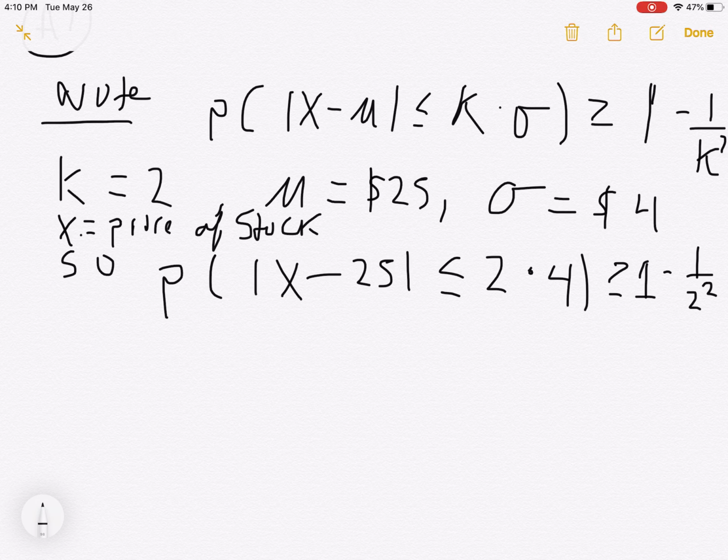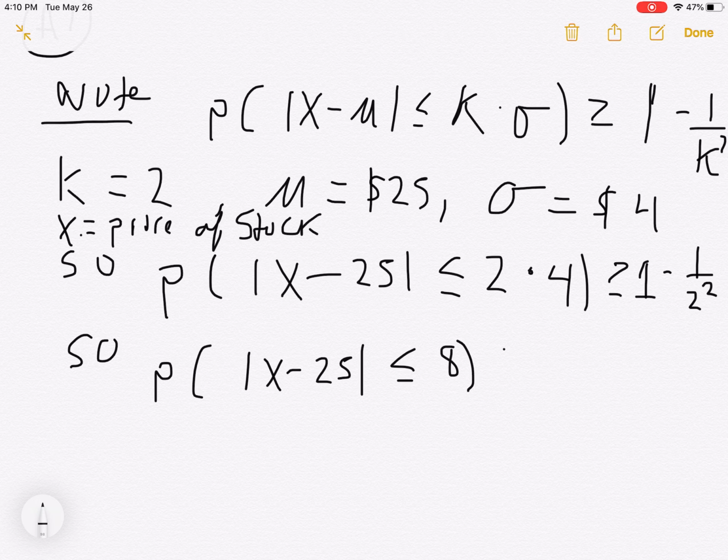Okay. Well, that says the probability |x minus 25| is less than or equal to 2 times 4, which is 8, is at least 1 minus 1/4. That's 75%.